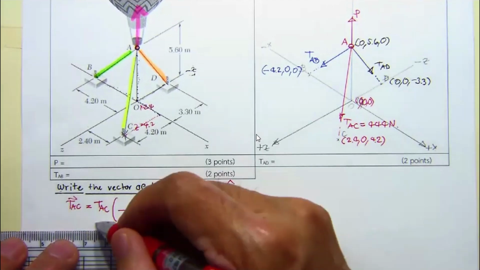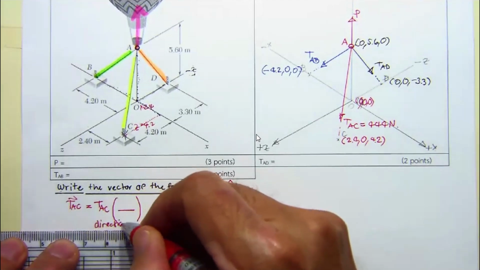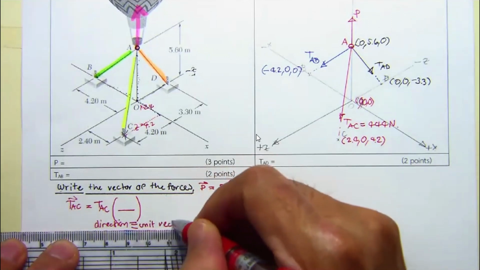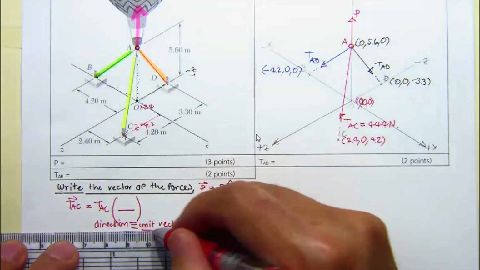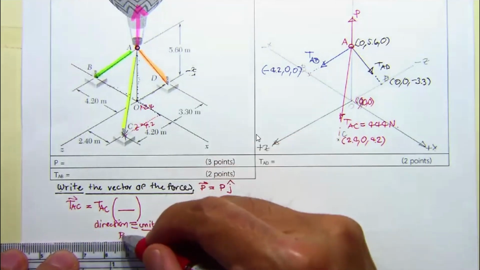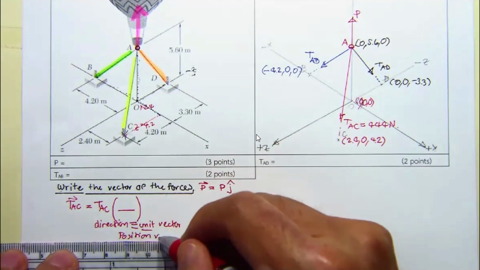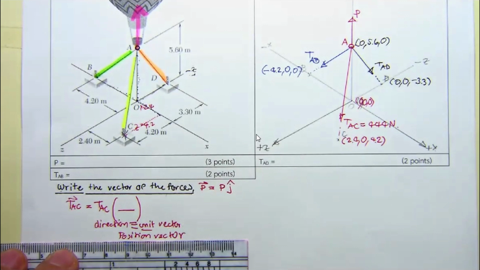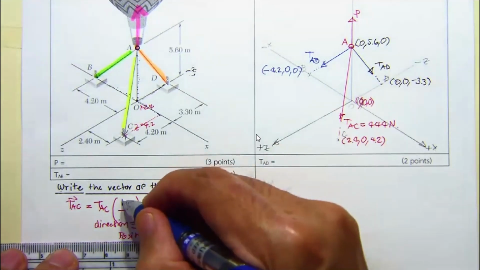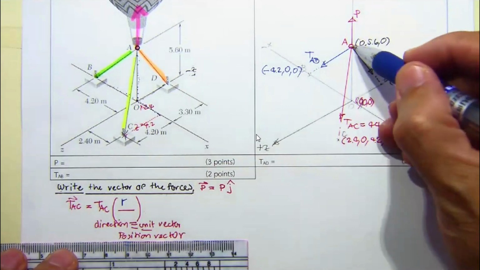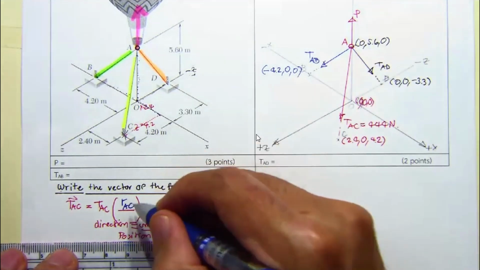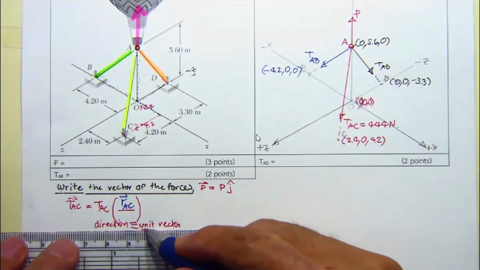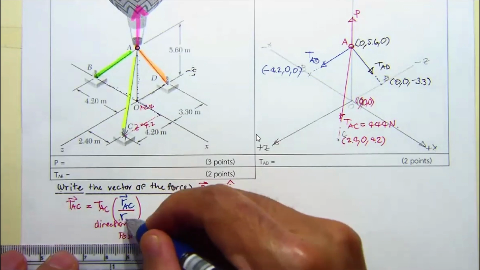To determine the unit vector, we got to know the position vector, AC, from A to C. Then you divide it by the magnitude.